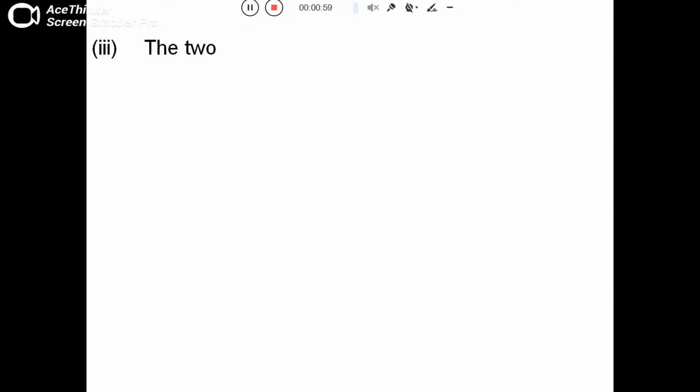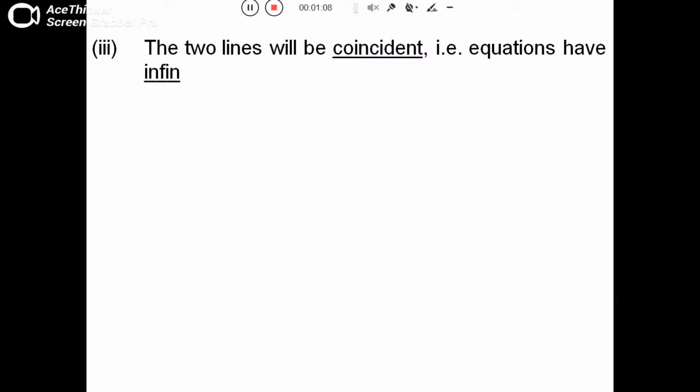In the third, the two lines will be coincident. Coincident means overlapping each other, when the equations have infinitely many solutions.